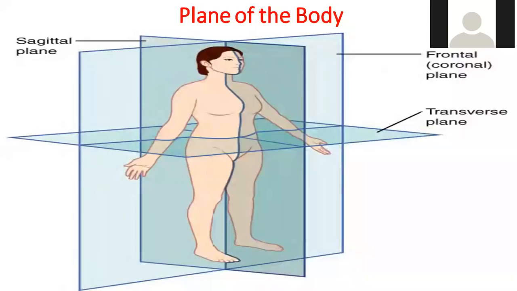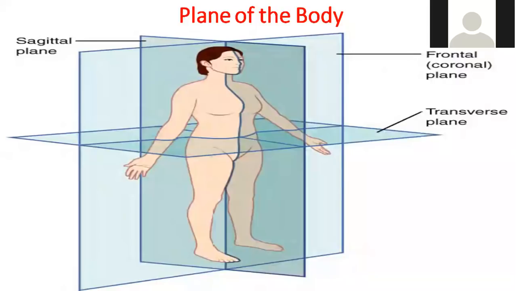Though some authorities will put oblique as one of those planes, oblique is a form of transverse plane. As I go on in my discussion, you will understand better. But basically, there are three planes discussed in anatomy: the sagittal, the frontal, and the transverse.